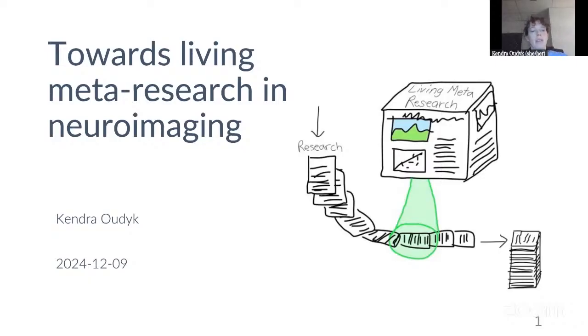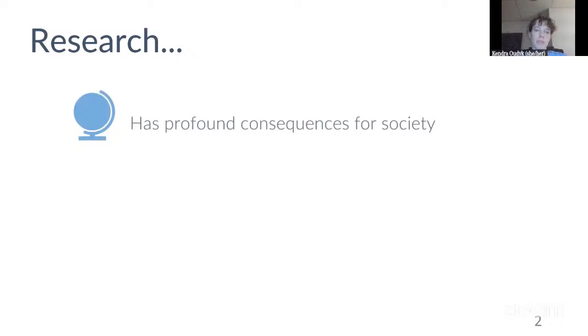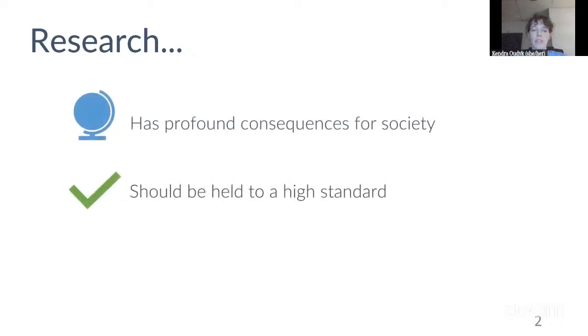So my presentation today is called Towards Doing Meta-Research in Neuroimaging. We'll go through definitions of what that means in a moment. First of all, research, as we all know, has profound consequences for society, and it should be held to a high standard, and so I argue that we need meta-research, or research on research.